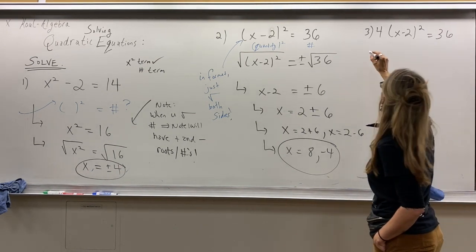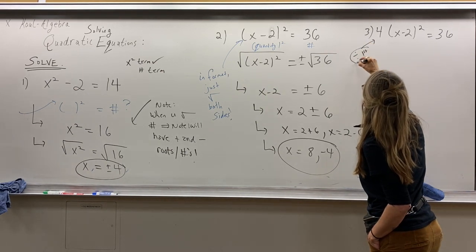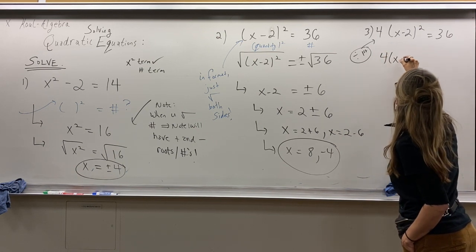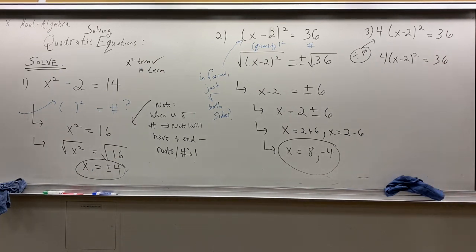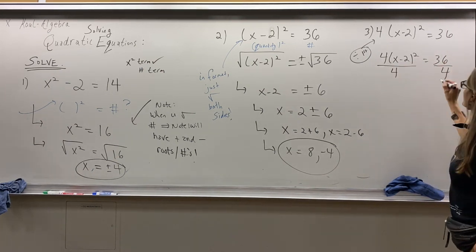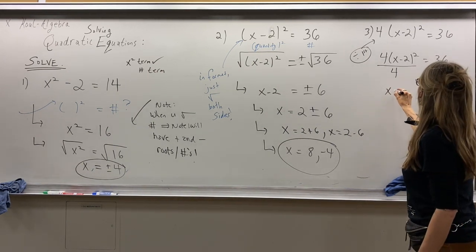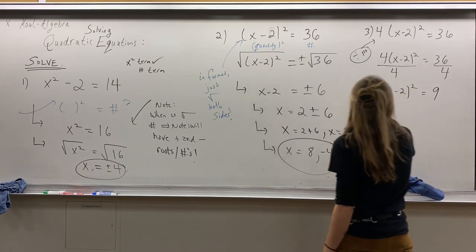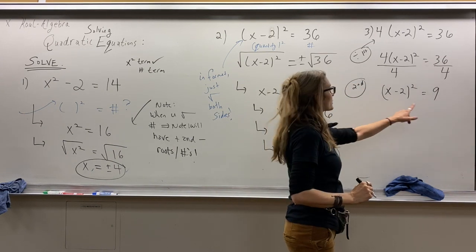So in this case, what I'm going to do is divide first. I'm going to divide by that 4 first, rewriting this to make it easier to apply my square root property by dividing both sides by 4 and then working with what I have left over. So now that I got rid of my coefficient, my second step would be to take the square root of both sides.